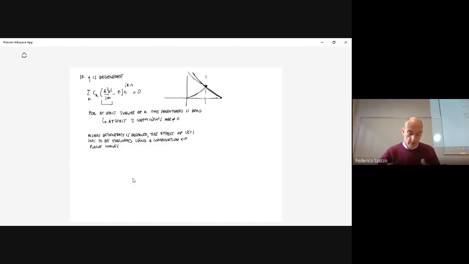You may find combinations using different coefficients. So one combination will give you one value of the energy, the other combination will give you another value of the energy.